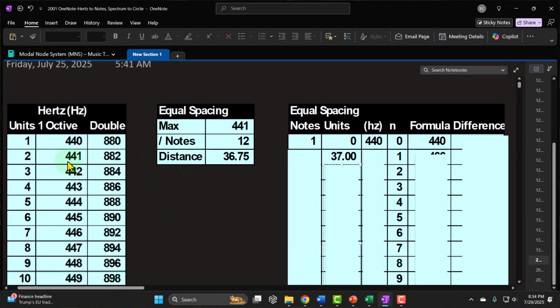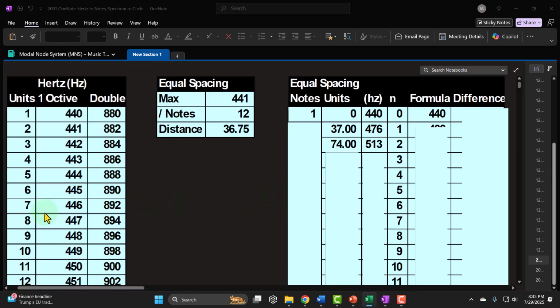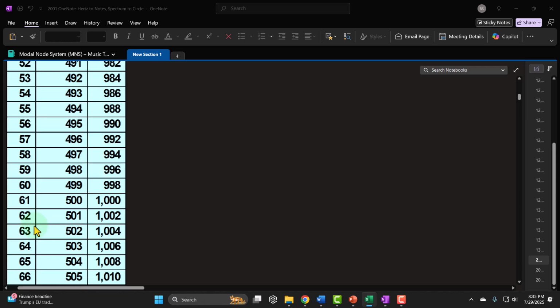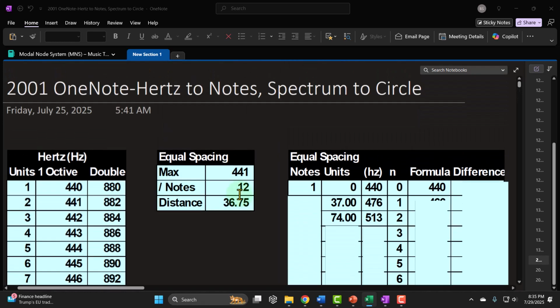So if I start at 440 and go up 37, that gets me to 477. Then I go up another 37, and 37 plus 37 gives me 74. So if I go up 74, that would be 514. Meaning if I look for this 74 on the left-hand side, we get to 513 hertz.